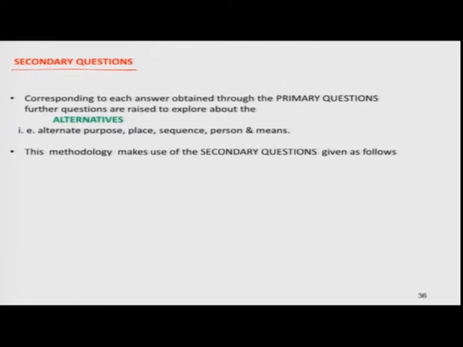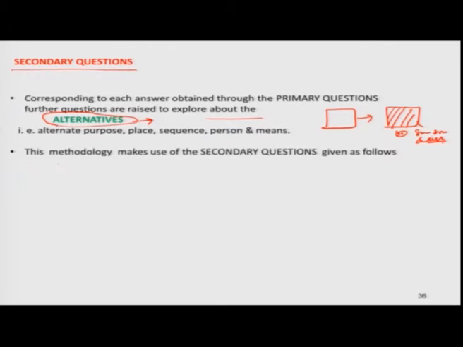Corresponding to each answer obtained through your primary question, further questions are raised to explore alternatives. After you have examined your chart, you will have to look for alternatives. Suppose you have made one chart and an alternative chart is already available in your workshop. It will simplify things and save your time and cost.